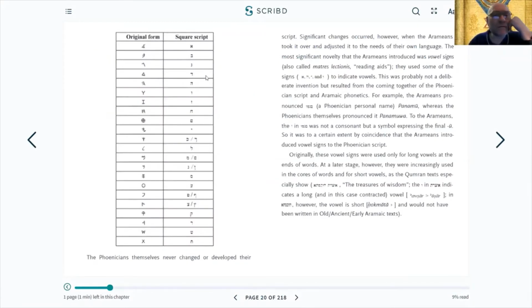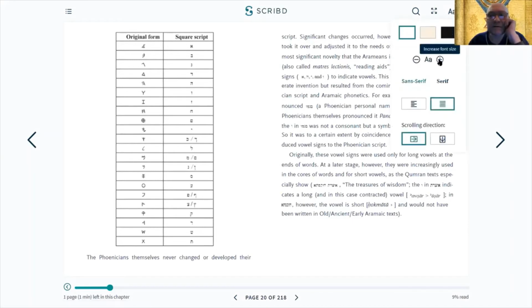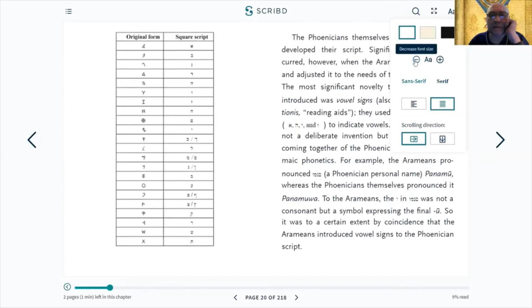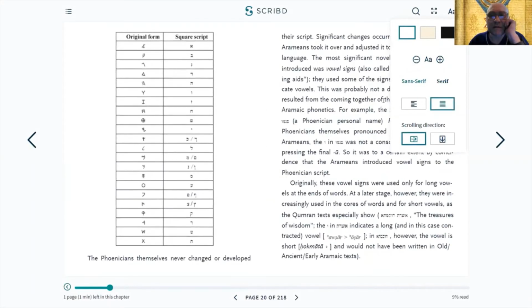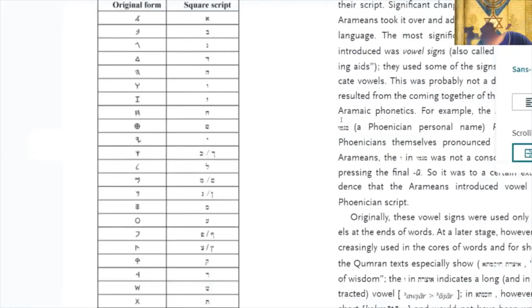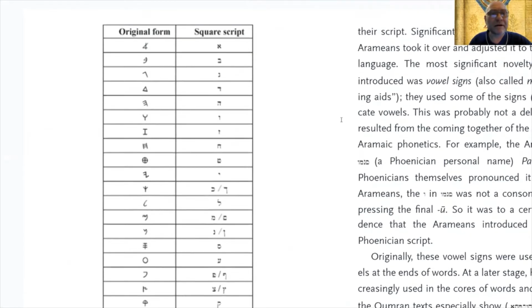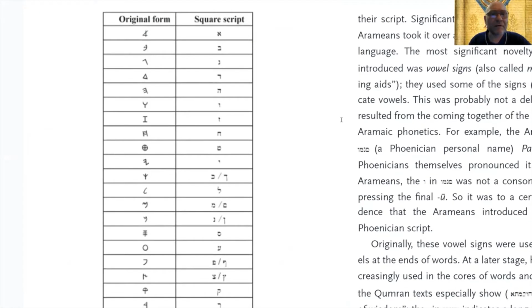Okay, so we have the original form. Look at that. That looks like Paleo-Hebrew of sorts. And then we have the square script. I wonder if I could get that bigger just for this. There we go. All right, so the original form, look at that.